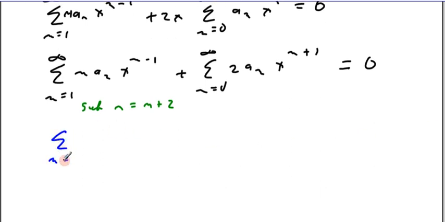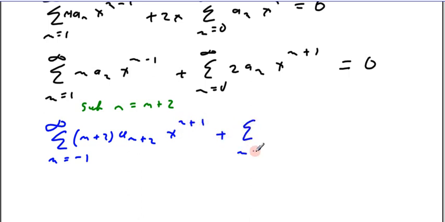Summation n is equal to minus 1 to infinity n plus 2, a n plus 2, x to the n plus 1, plus summation n equals 0 to infinity, 2a n x to the n plus 1 is equal to 0.